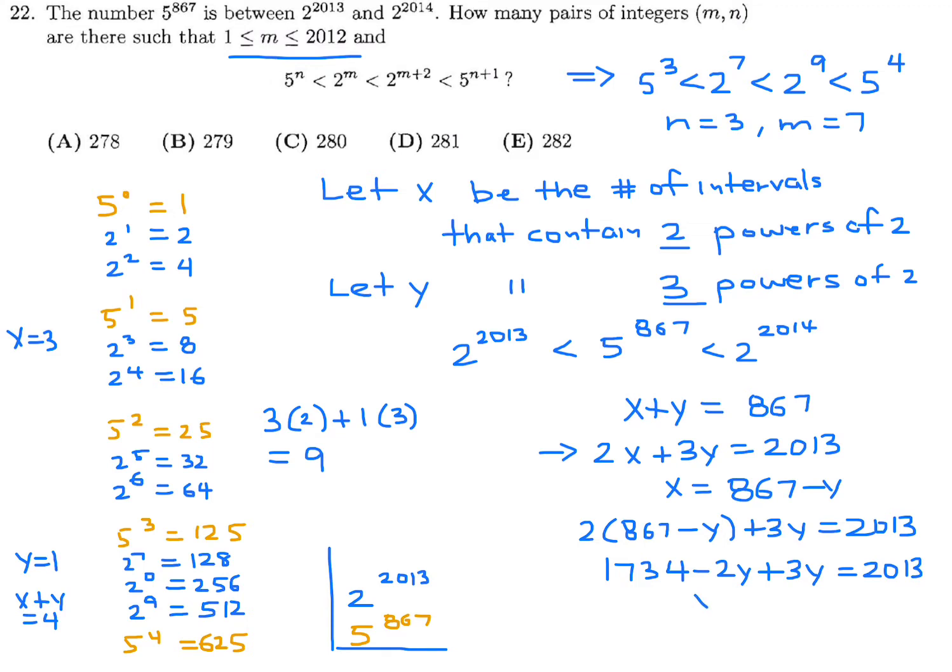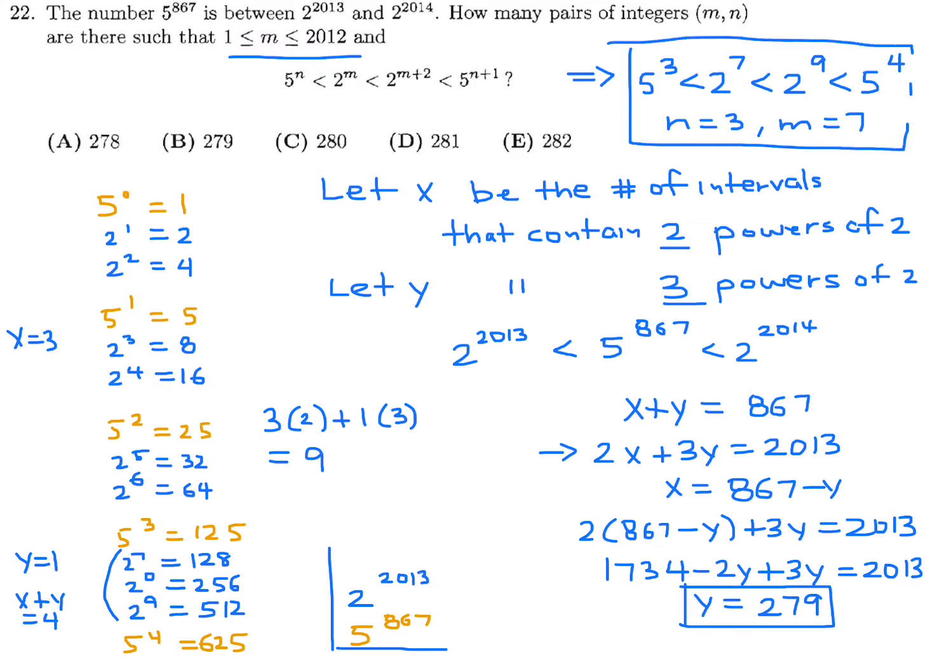And putting everything on one side, you get y is equal to 279. And that represents the number of intervals that contain 3 powers of 2. And those are the only type of intervals for which this is possible, like I had explained over here. So 279 is the answer, and therefore number 22, the choice is B.